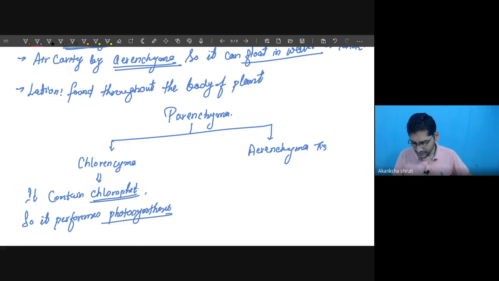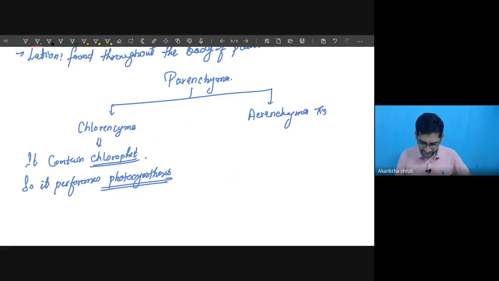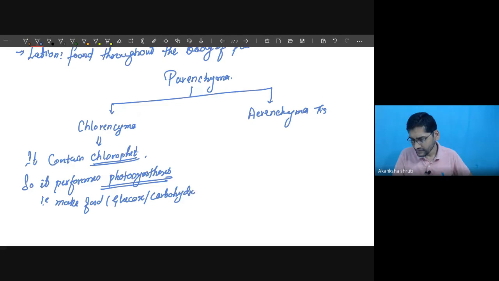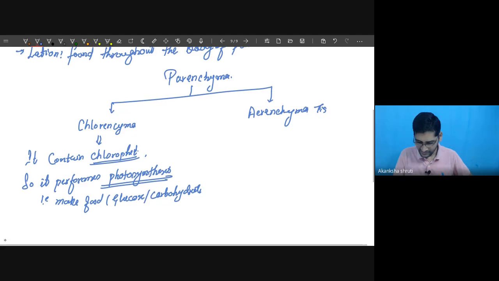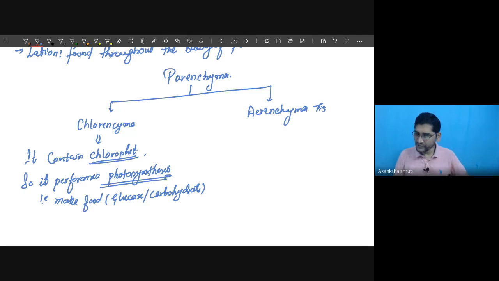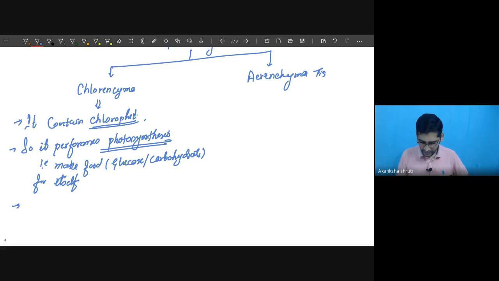Photosynthesis is the process of making food, that is, it makes food, glucose or carbohydrate, for the plant itself, because all life needs food. Where is it found?